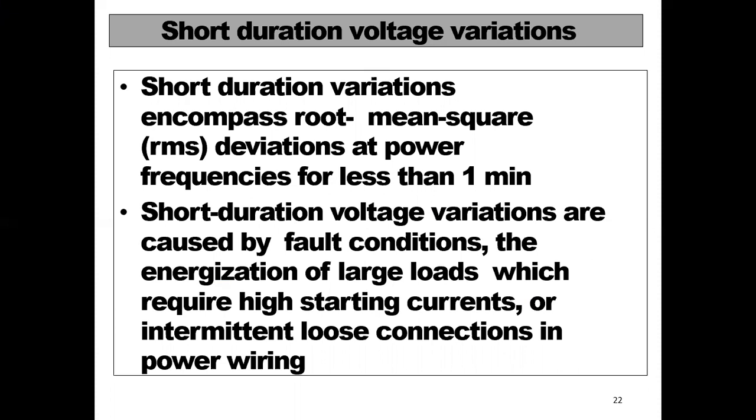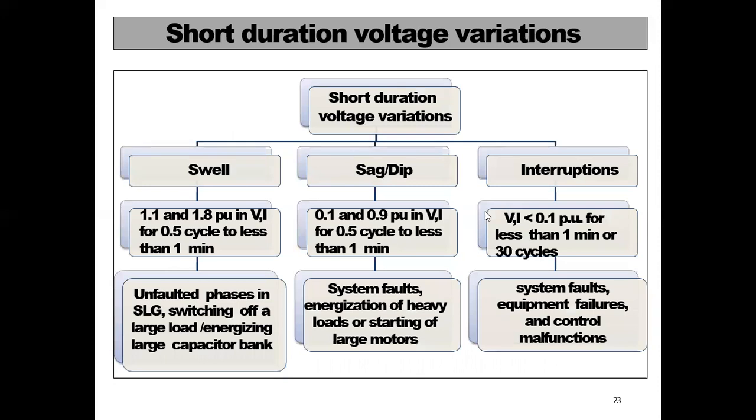It is called a short duration voltage variation. These are caused by fault conditions, the energization of large loads which require high starting currents, or intermittent loose connections in power wiring.